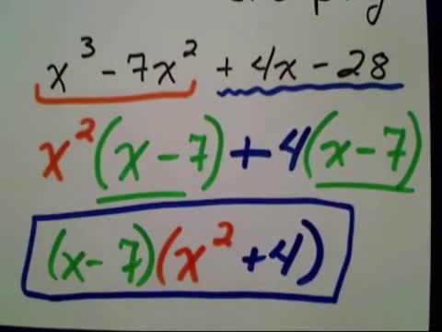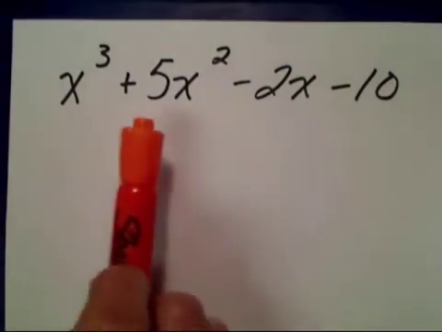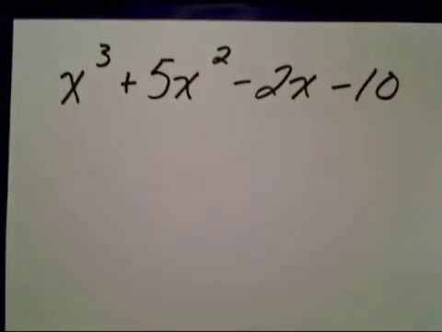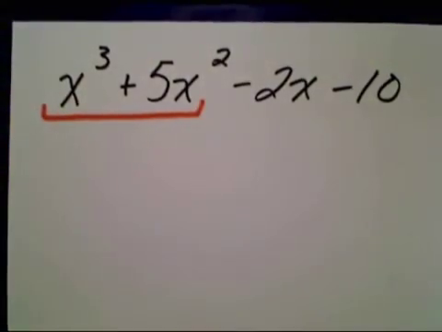Let's do another one. Here's another example. Once again, the first thing I always look for is a greatest common factor. I don't see one again. I see, though, that I have 1, 2, 3, 4 terms, so I'm going to use factor by grouping. That means, once again, I'm going to group the first 2 terms and take out the common factor.